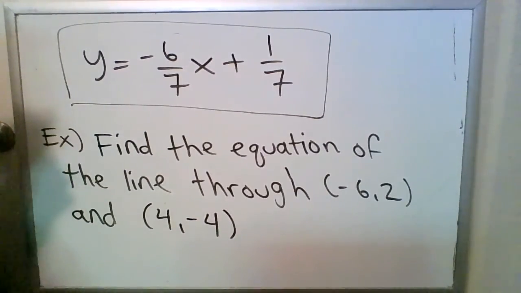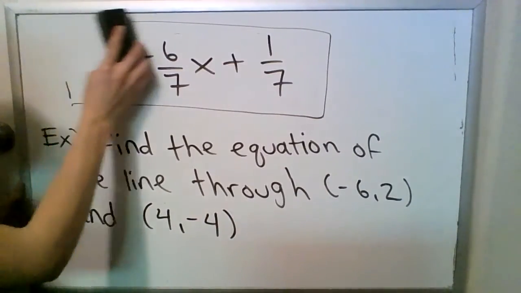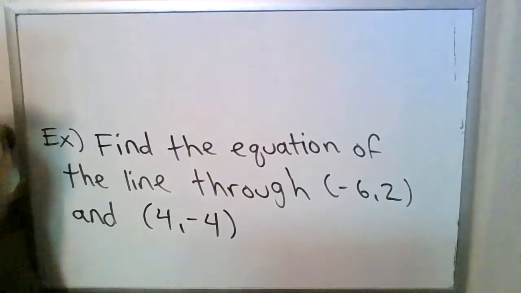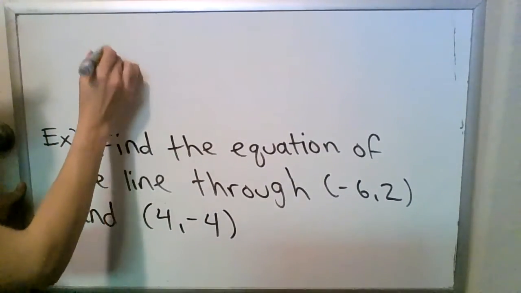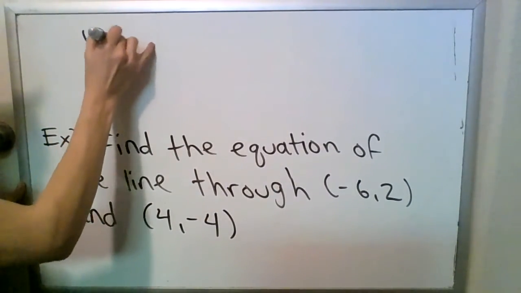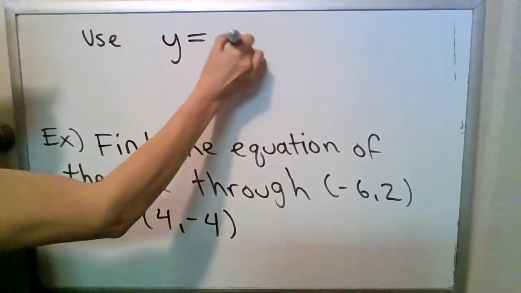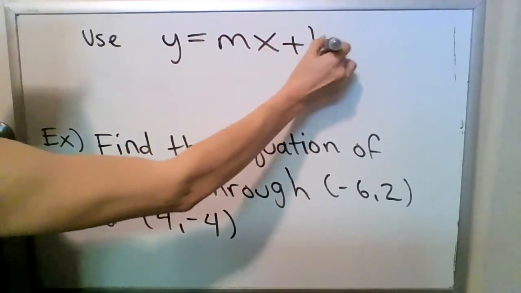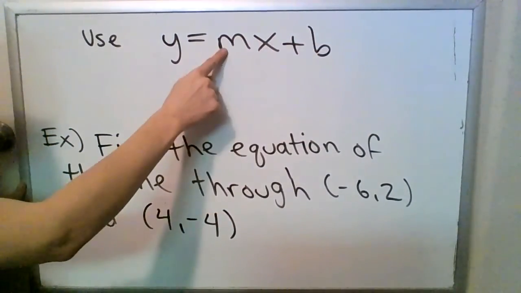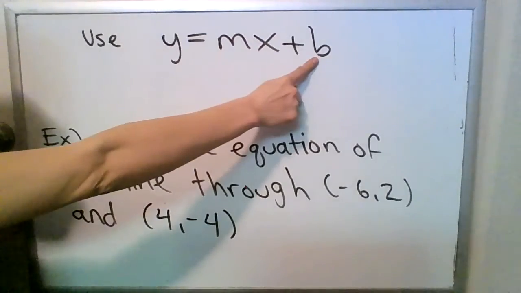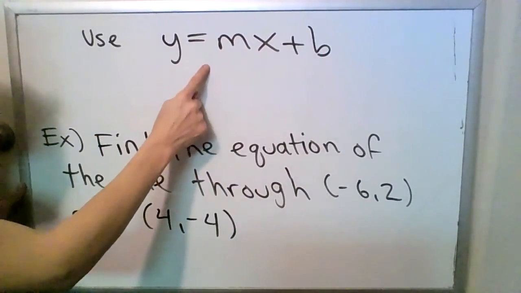You can use y equals mx plus b, or you can use the point-slope form. I like y equals mx plus b. But you have to figure out m, and you also have to find b. So start with m.